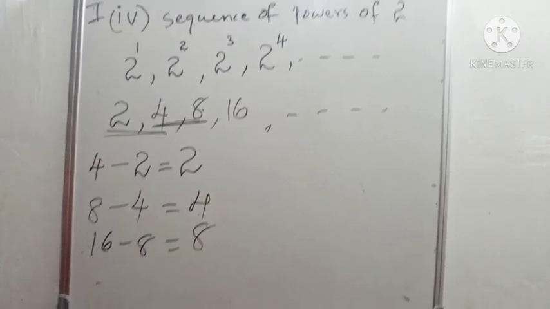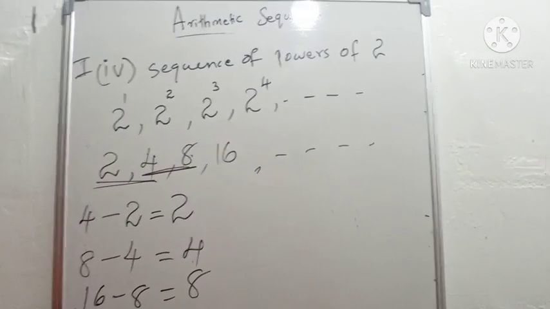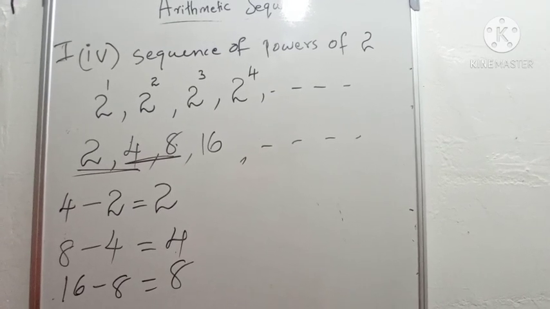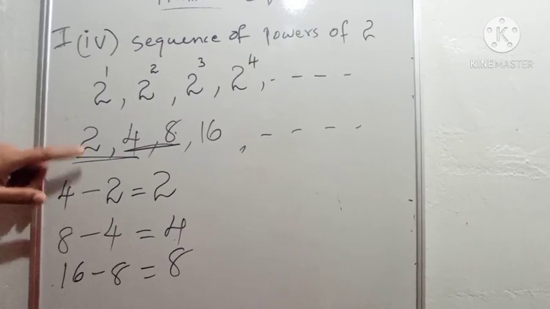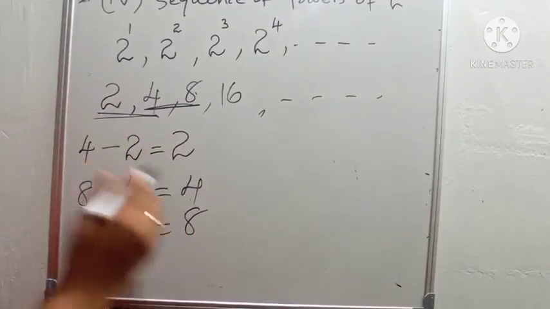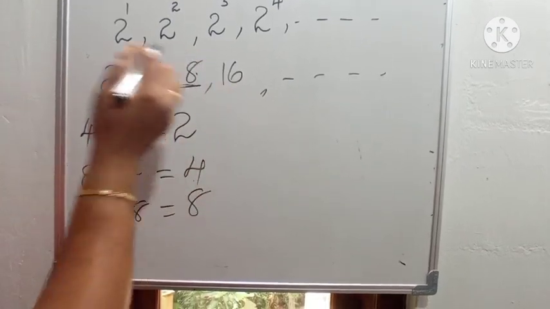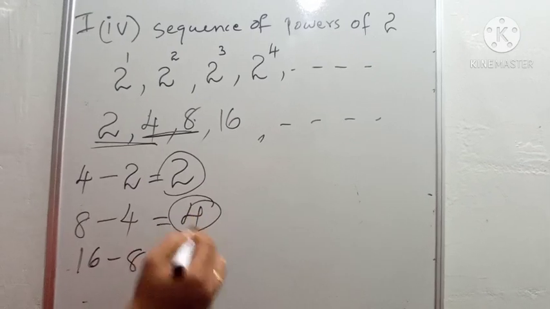See? Here no common difference exists in this sequence. The difference between the first and second term is 2, the difference between the third and the second term is 4, and the difference between the fourth and the third term is 8. That means there is no common difference.